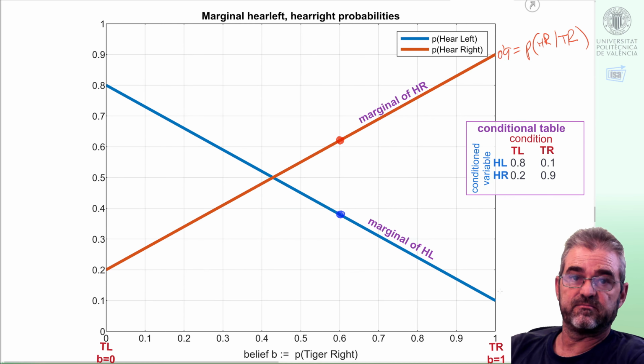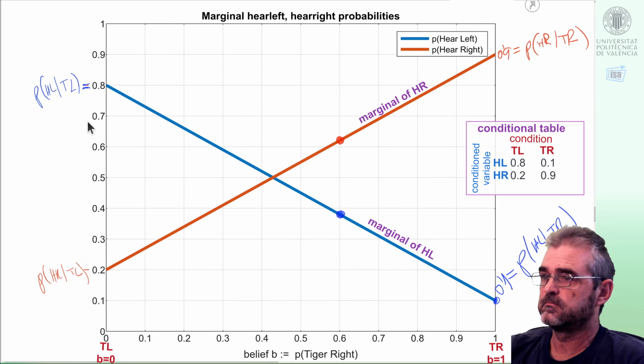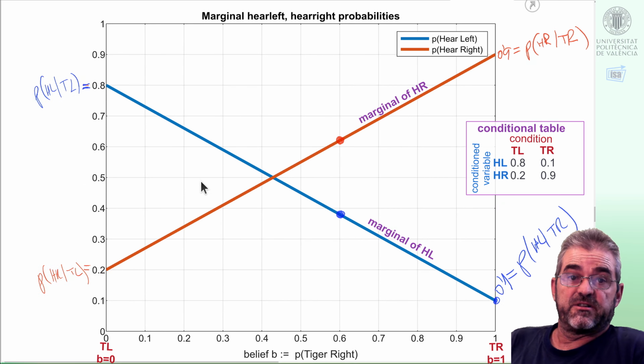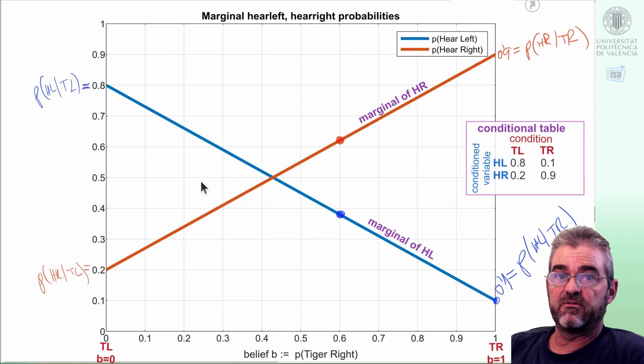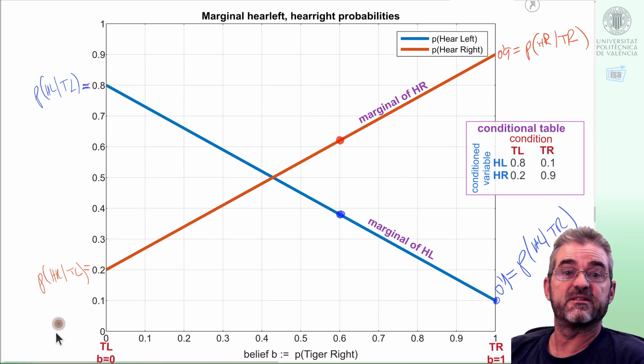Likewise, of course, this number is 0.1, which was this conditional probability in my initial setup of the conditional table. You can check that these 0.8 and 0.2 are the original numbers in the conditional table, conditioned to tiger left. And if I am in here, the probability of being at the right-hand side cage is 0, so it will be at the left cage with 100% probability, so conditional probabilities upgrade to probabilities.